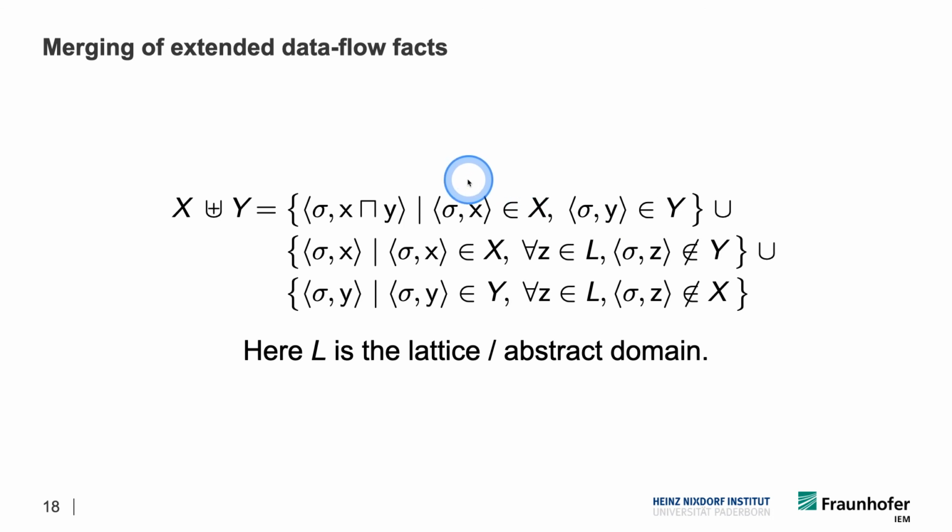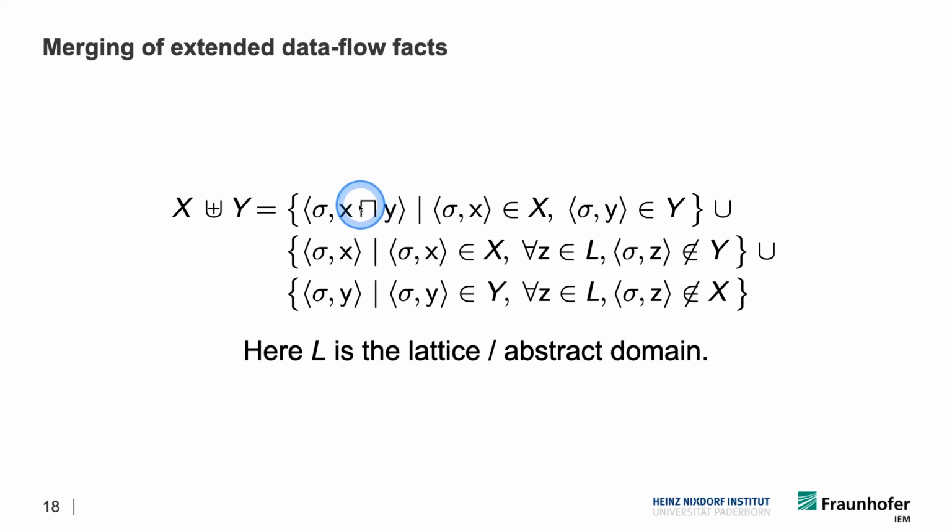Now what you will see here is that these two calling contexts are identical. That's what we assume in this particular case. When they are identical, it means we have two data flow facts that relate to the same contexts. These are therefore also data flow facts that relate to the same realizable paths in your program, and then they should be merged. They should be merged normally according to your regular merge operator, and that's exactly what we do.